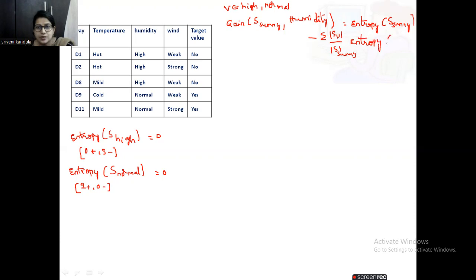In exam, you should write all these formulas as well. Here V belongs to high comma normal. Anyhow, this value is becoming 0. So if you substitute, it is 0.971 minus 0. So the value remains the same, 0.971.